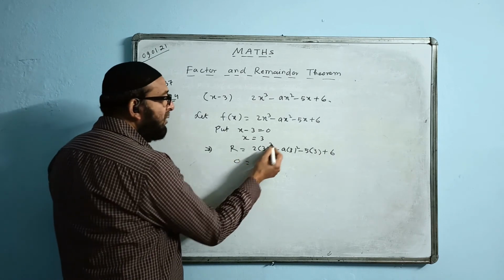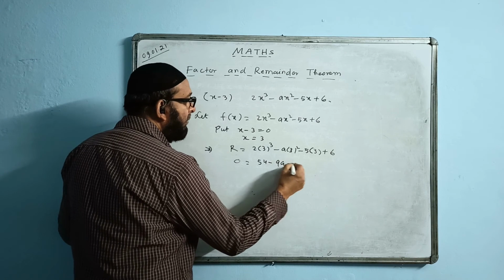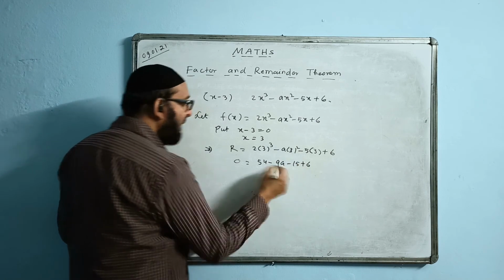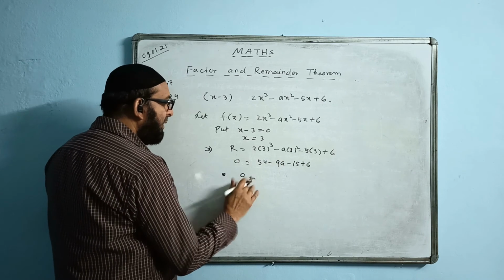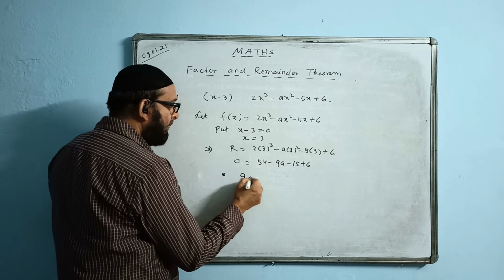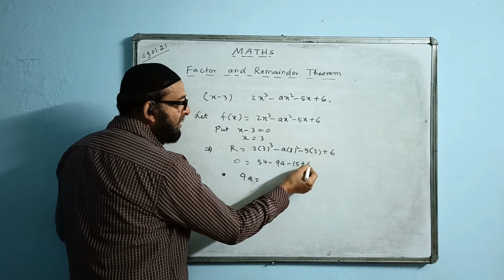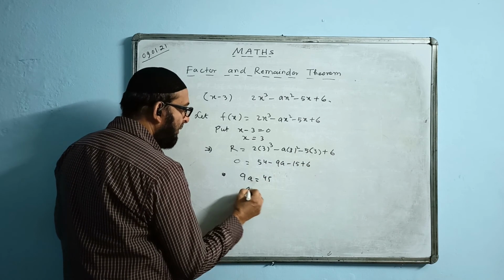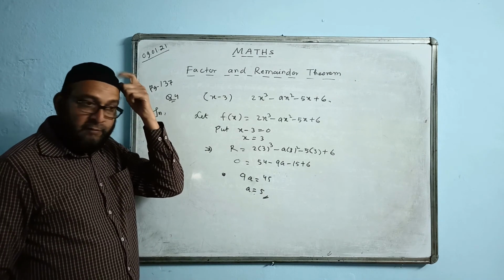Now 3 cubed is 27, into 2 is 54, minus 9a, minus 15 plus 6. We will calculate the value of a using this equation. Minus 9a you can take this side, becomes plus 9a. And here you simplify: 54 plus 6 is 60, minus 15 is 45. So a value is coming 5. The value of a is 5.